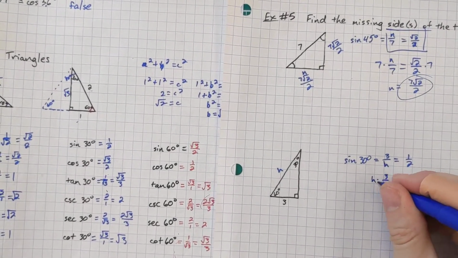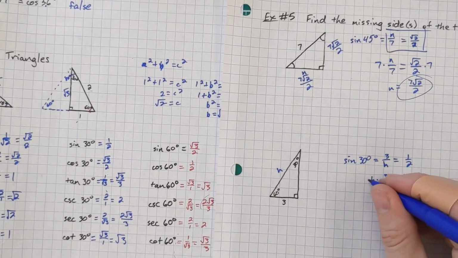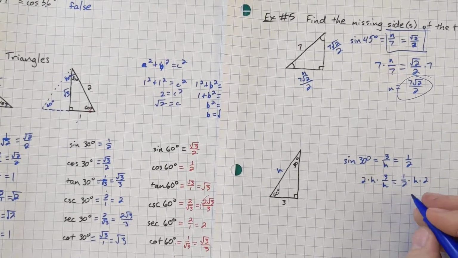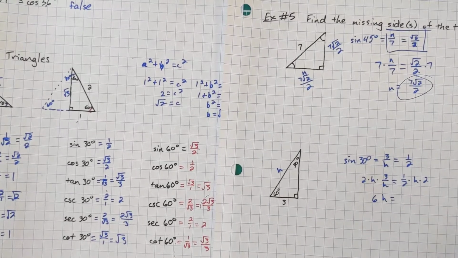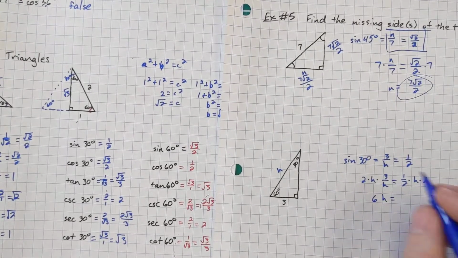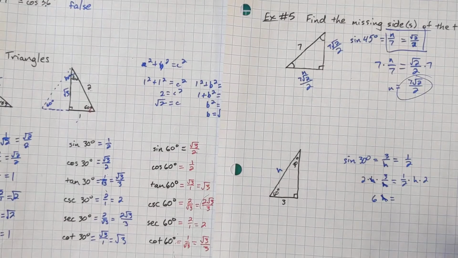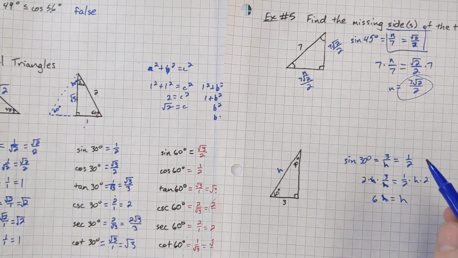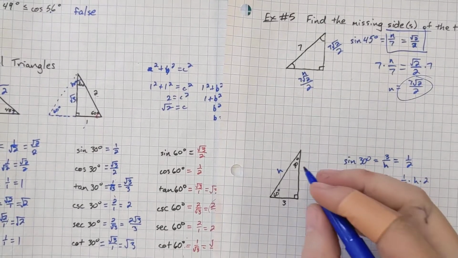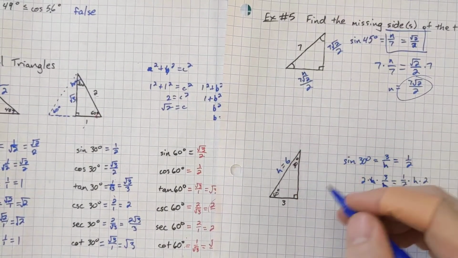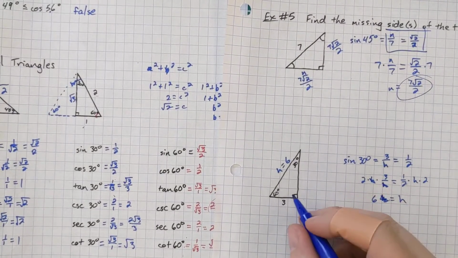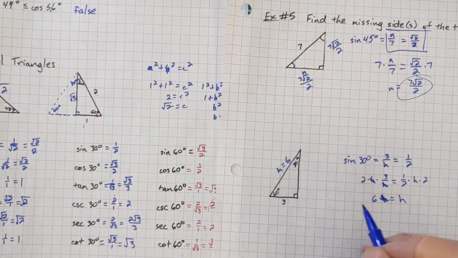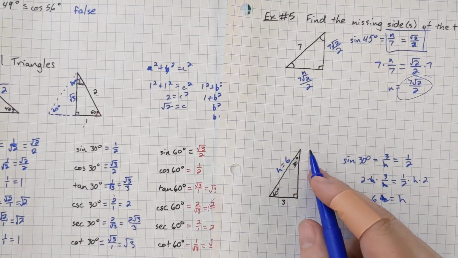Whatever method I use, I multiply by h and also multiply both sides by 2, and I get 6 equals h. So h is 6. Now what is this side? I could really use any of my functions and any of my angles at this point.